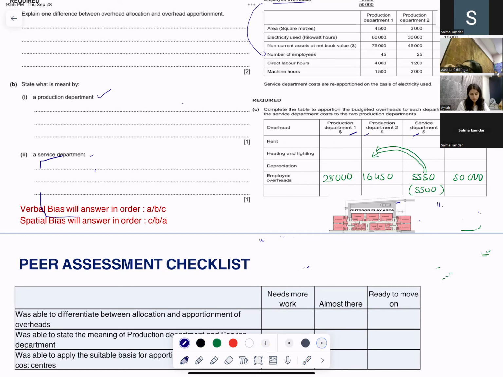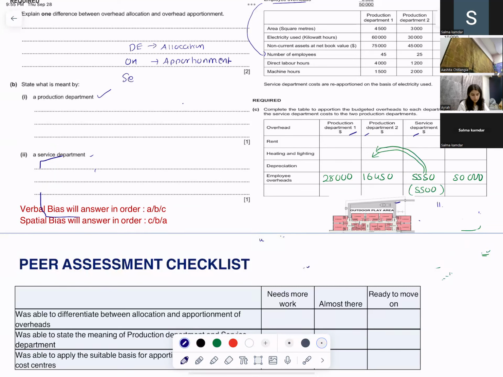Understand what I am exactly doing. For the direct expenses, I will do allocation. For the overheads, I will do apportionment. That means I am going to distribute the expenses amongst the departments on a suitable basis.